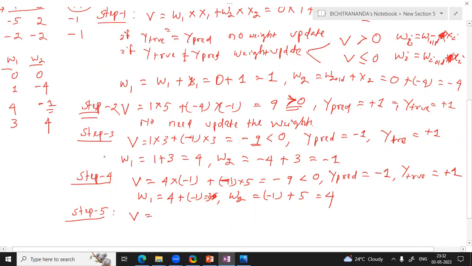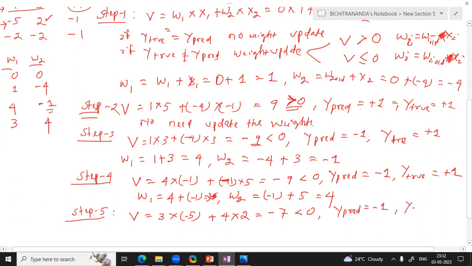Here now the new W 3, 4 weight into input, which input I am going to take, this input minus 5 plus 4 into this input minus 3 into minus 5, minus 15 plus 8, that is minus 7. This also is going to be less than 0. So that means your y prediction is minus 1, since this value is less than 0.